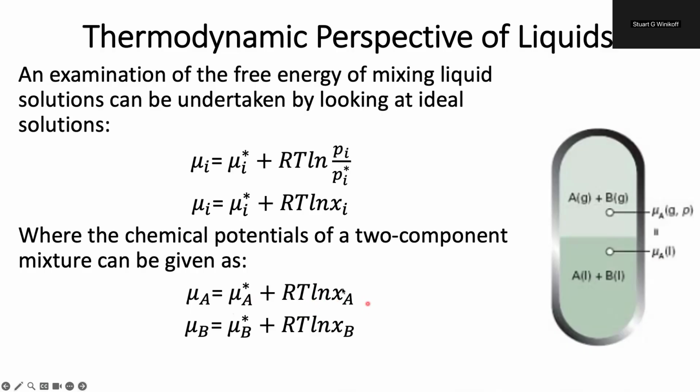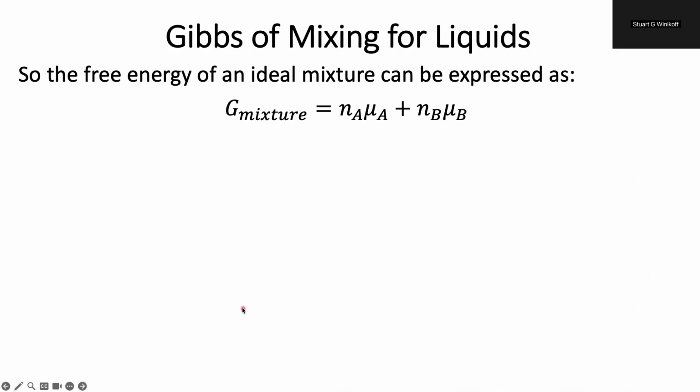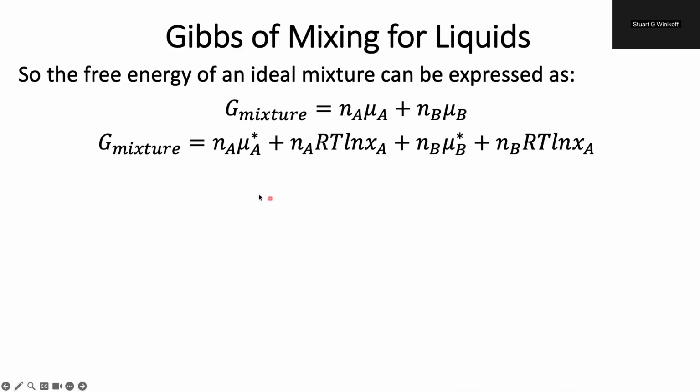Since these mole fractions will always be less than 1, the chemical potential will always be lower, or more favorable, for the mixture than for the pure species. So we can use this information to figure out the free energy of a mixture, because the mixture will literally be just the sum of the two chemical potentials times their relative amounts.